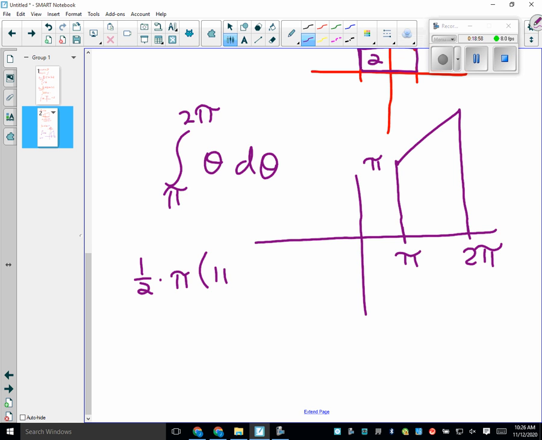Plus 2 pi. Is that right? So is this pi over 2 times 3 pi, which is 3 pi squared over 2?